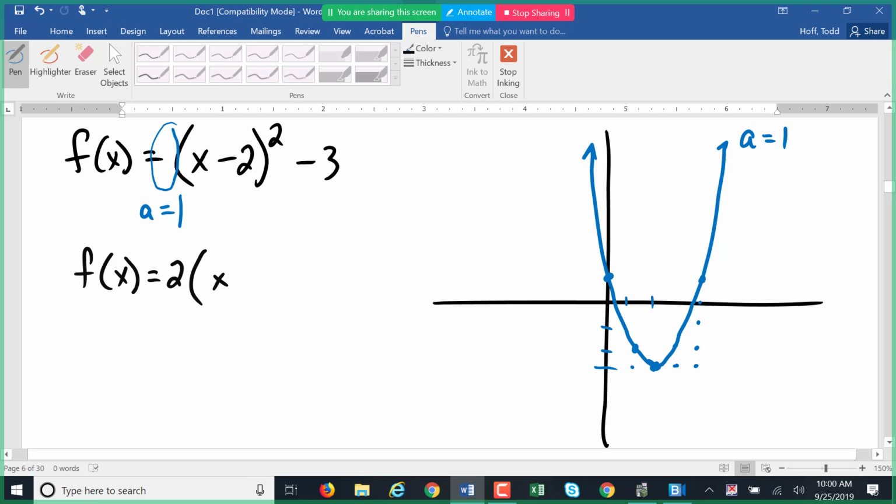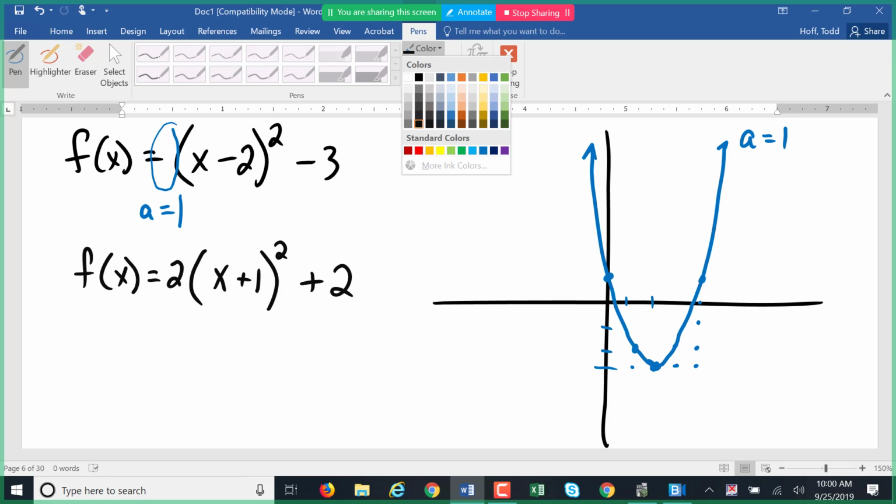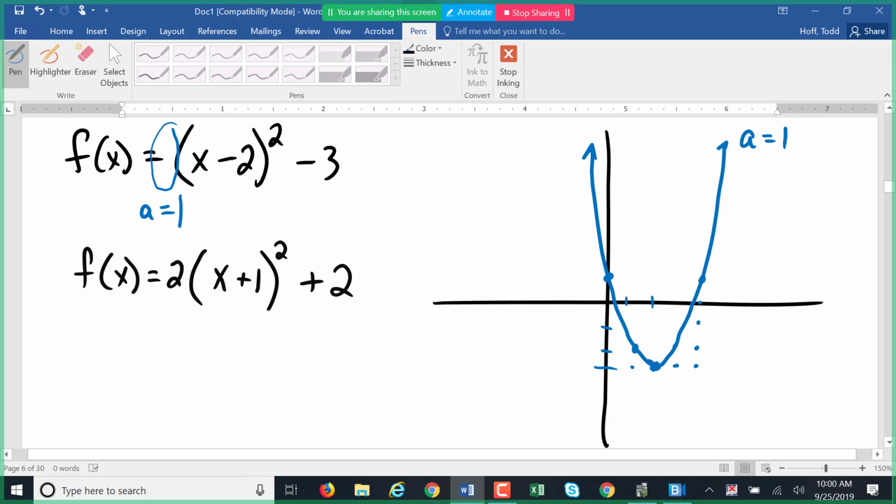Let's do (x plus 1) squared plus 2, with a equals 2. First of all, where's my vertex going to be? What do you think, Valerie? -1, +2.